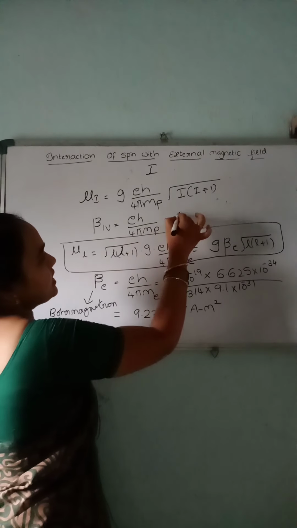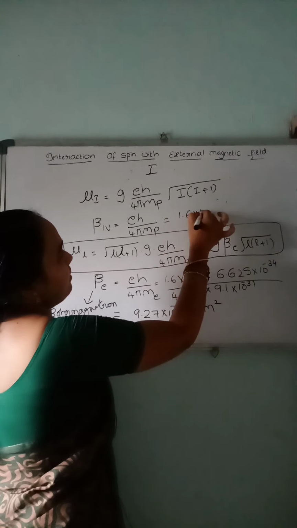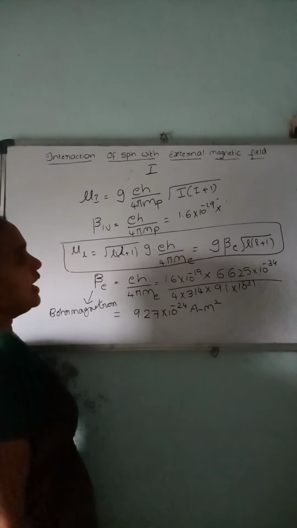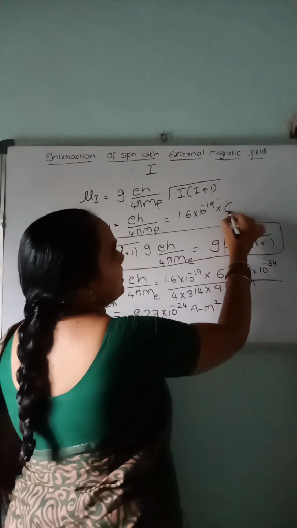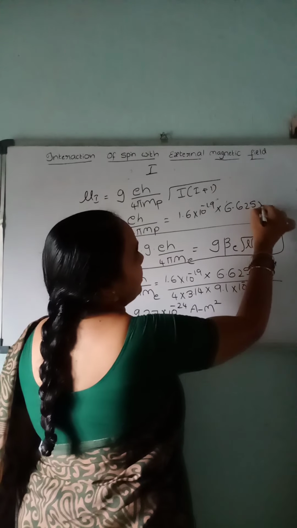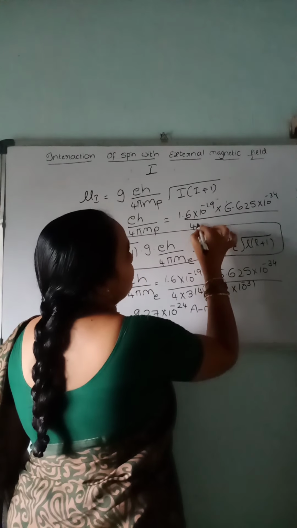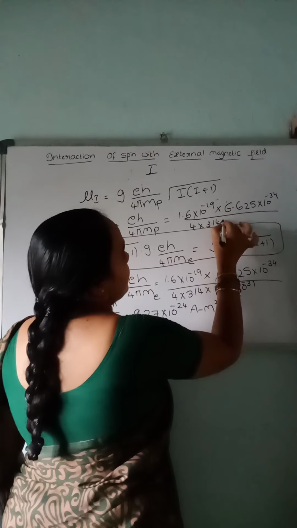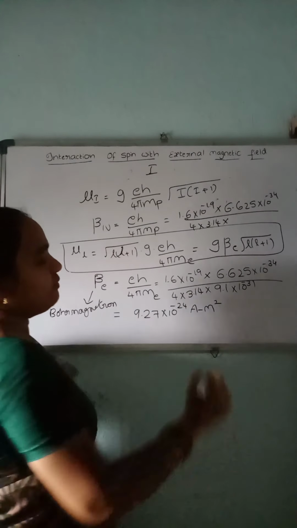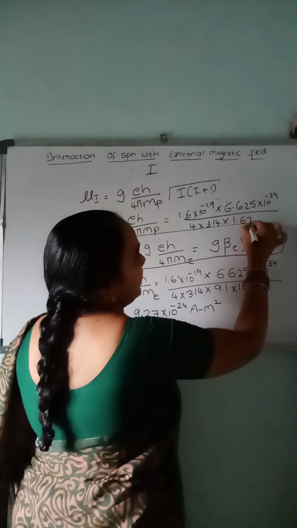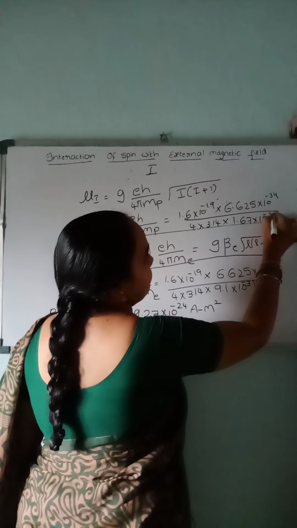Here e is 1.6 into 10 power minus 19 coulombs and Planck's constant is 6.625 into 10 power minus 34 divided by 4 into 3.14. The mass of the proton is simply 1.67 into 10 power minus 27 kg.